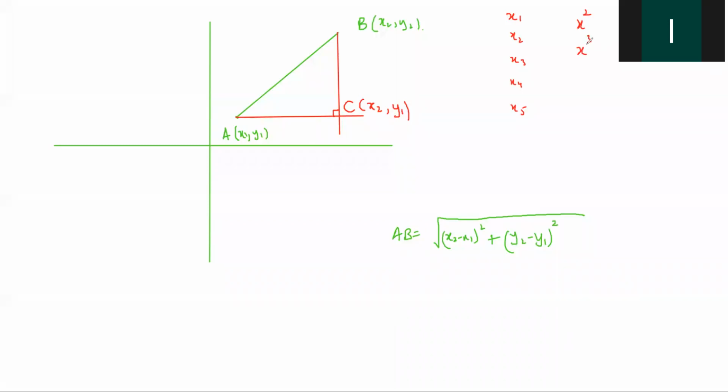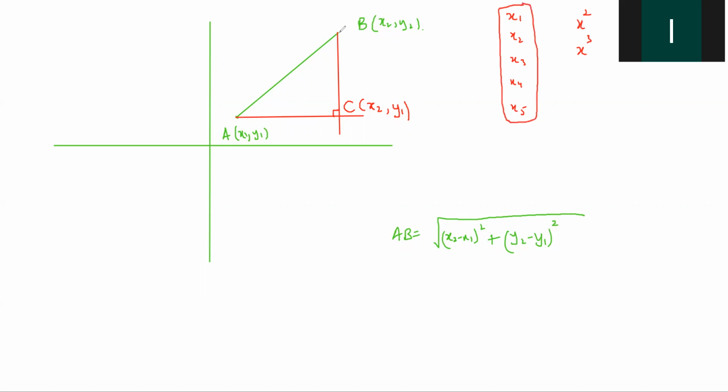X cube is written like this. So don't confuse yourself. When we say x1, x2, x3, x4, these are different values that x is taking on a line, or maybe in a sequence, okay? Similarly, you can have y1, y2, y3. So again, this should not look weird or abnormal to you.